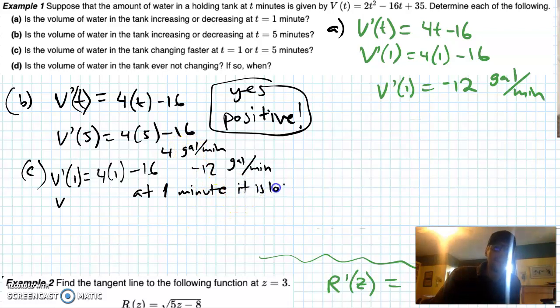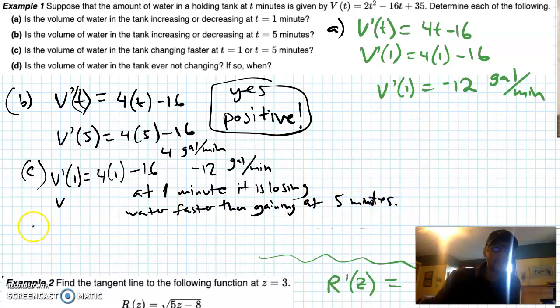Losing water faster than gaining at 5 minutes. So hopefully that's a pretty good explanation.